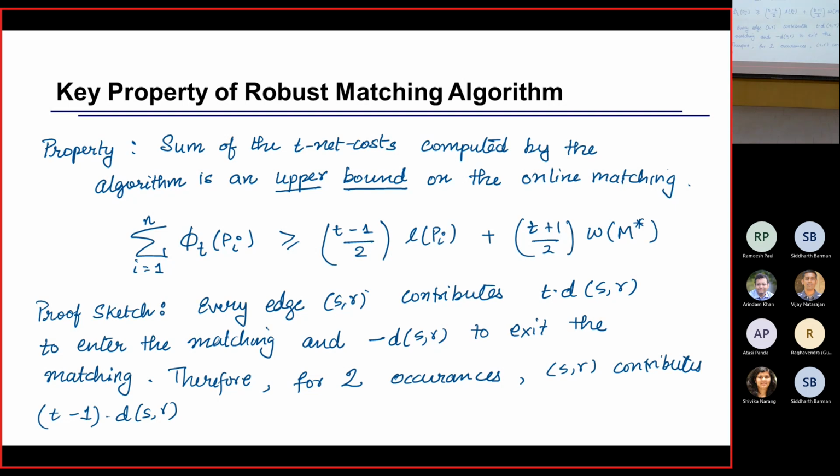So in total, you can prove that the sum of the T-net cost is greater than or equal to (T minus 1)/2 times the length of the augmenting paths plus (T plus 1)/2 times the cost of the offline matching. Now, when T is 1, this is meaningless because this quantity becomes 0. So this is an interesting claim only when T is greater than 1. And for our proofs, we can choose any T greater than 1.